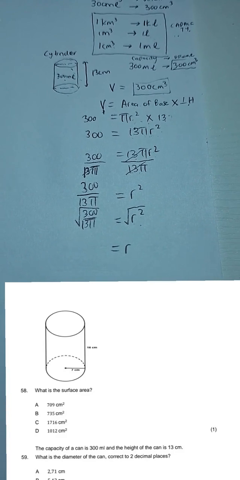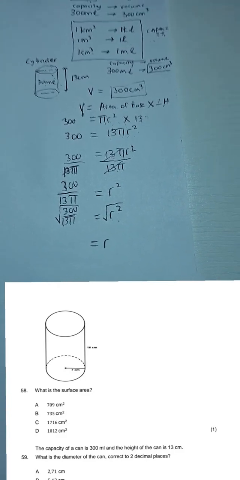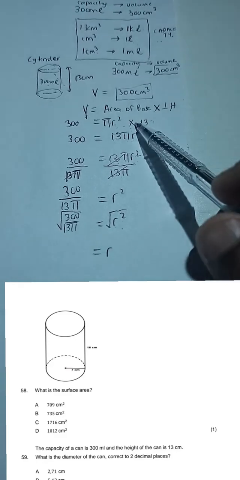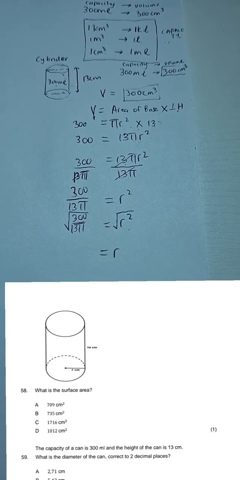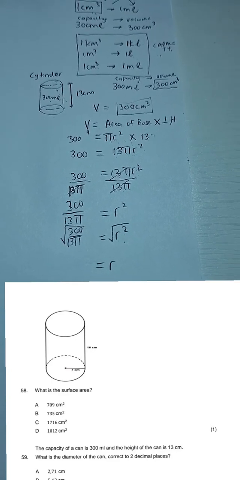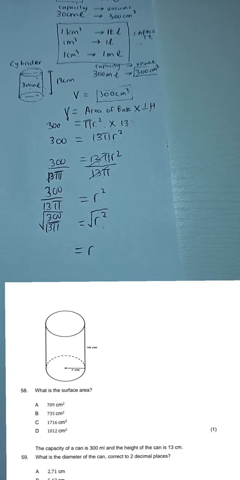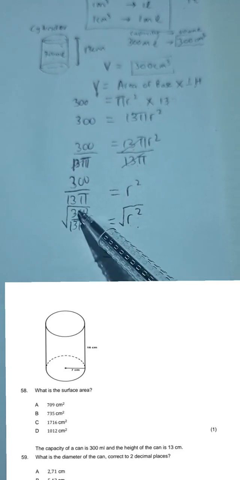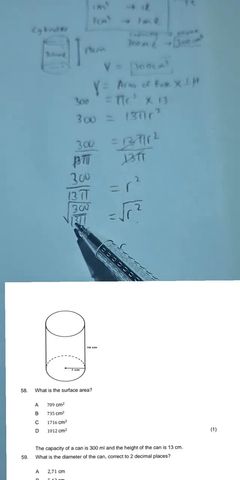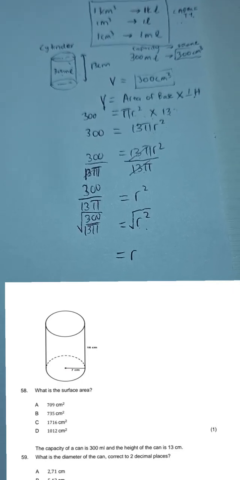Okay, this is grade 9, guys. But of course, the concept of volume and surface area and all of those things applies to grade 8, 9, 10, 11, and 12. So what's the answer, guys? What's the square root of 300 divided by 13 pi?